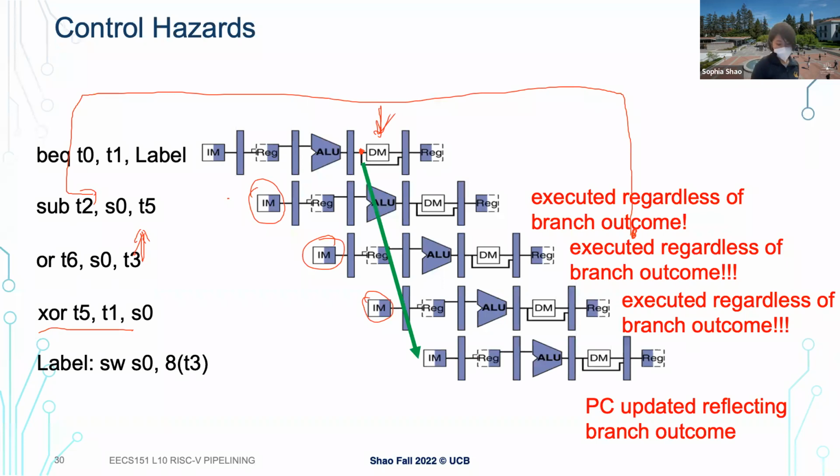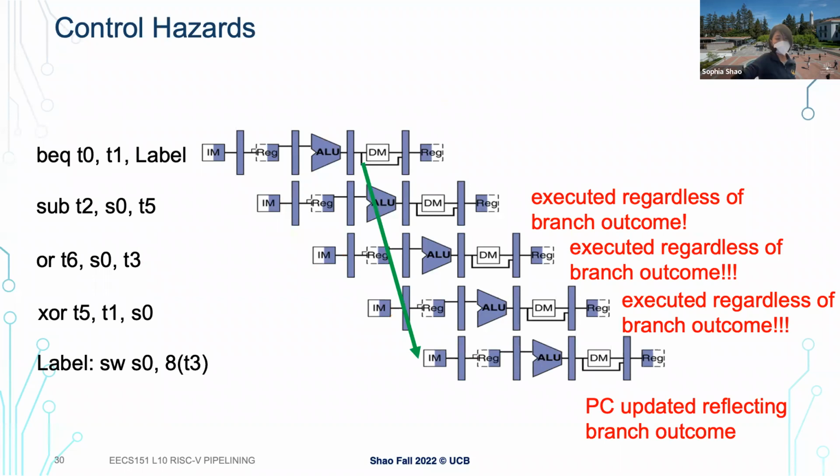Until the third or fourth instruction, that's where I finally figure out I'm supposed to jump instead of executing continuously. All the instructions I have executed are not useful because they are not supposed to show up in my pipeline. This is the challenge with branch operations because we don't know where we are going.